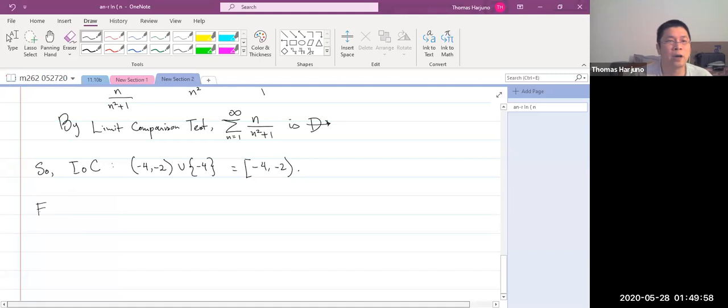So find the Taylor approximation for cosine x at a equals pi over 4.